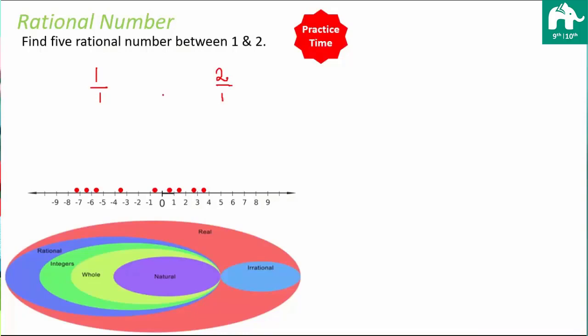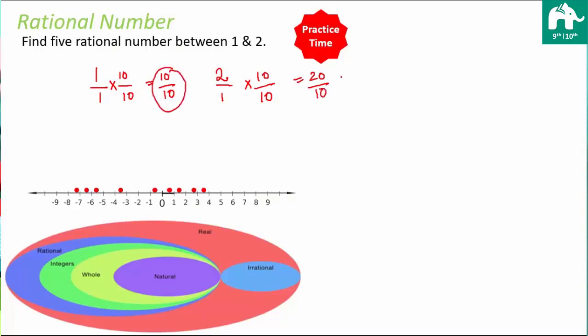So let's do one thing. Let us multiply both the numerator and the denominator by 10, right? The overall value remains the same, because if I multiply the denominator as well as the numerator by 10, the overall value is going to be the same. So what do we get? We get 10 by 10 and 20 by 10.